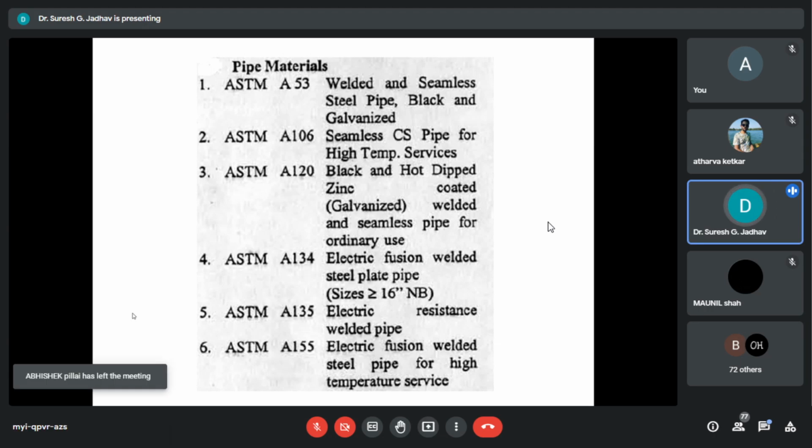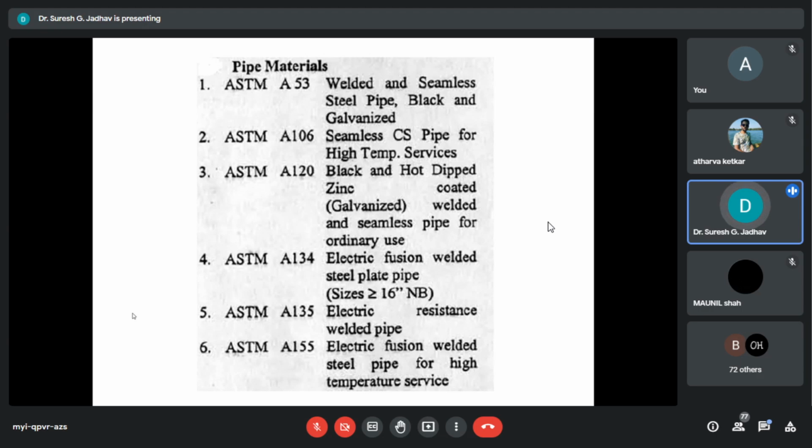And ASTM A135. Here we can use electric resistance welded pipes with the help of this standard, that is ASTM A135. If you are using A155, then there is an electric fusion welded steel pipe.